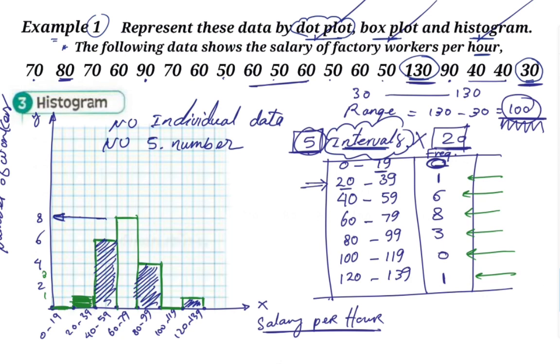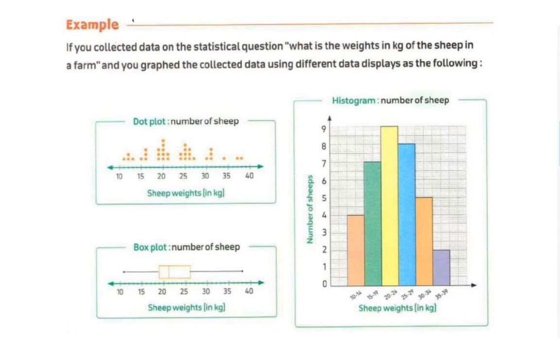Okay, let's go. Here we have example number 2. If we collected data on a statistical question: what is the weight in kilogram of sheep in a farm? We have some sheep in a farm and we have the weight of each one of them.